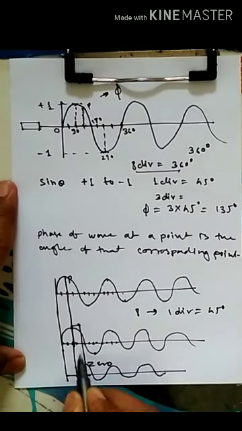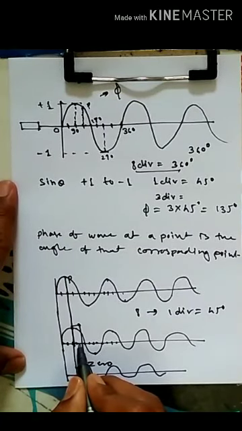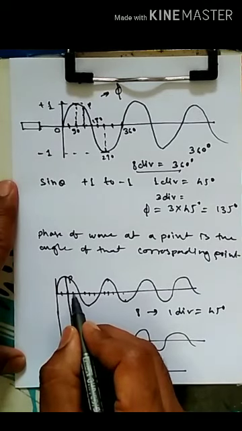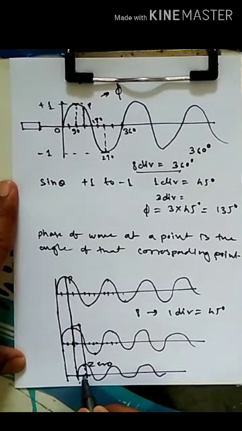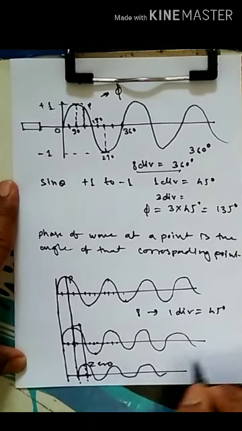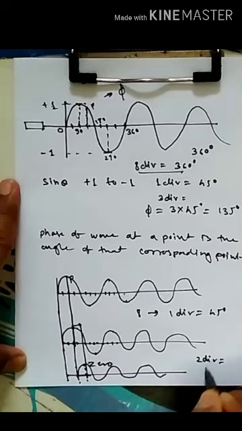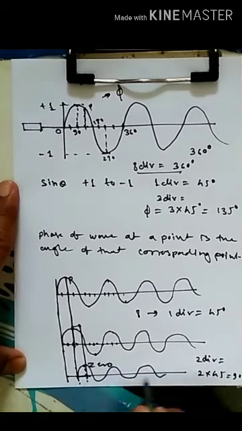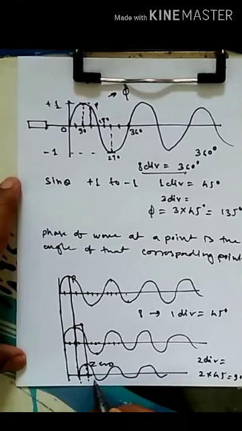The difference is 1, 2, so the phase difference for 2 divisions is 2 multiplied by 45, which is 90 degrees. So here the phase difference is 90 degrees.